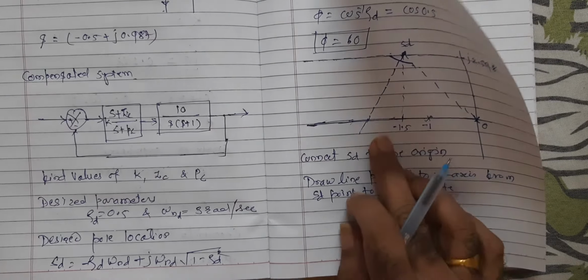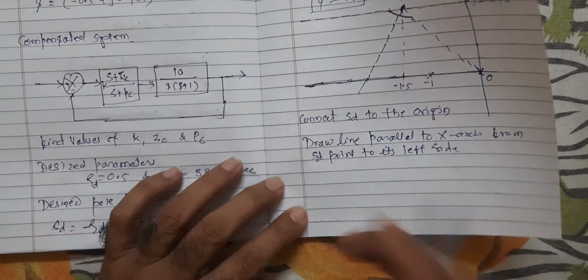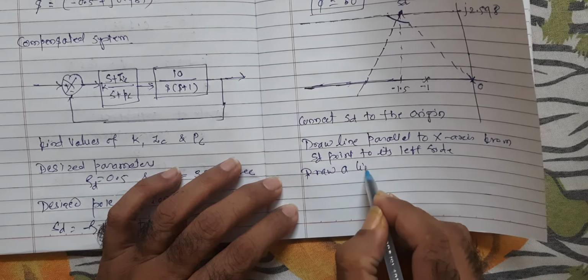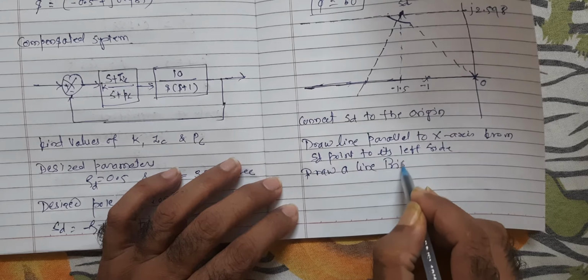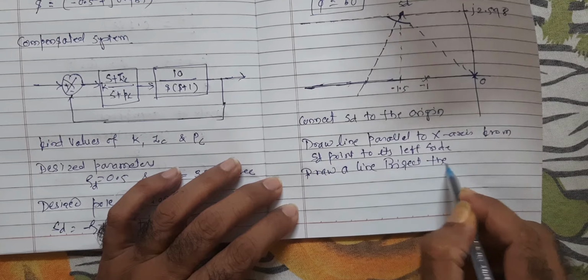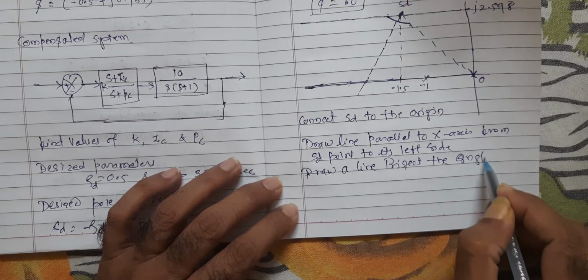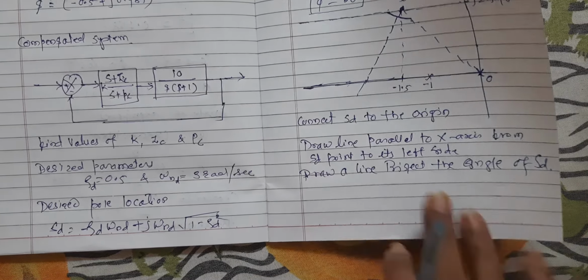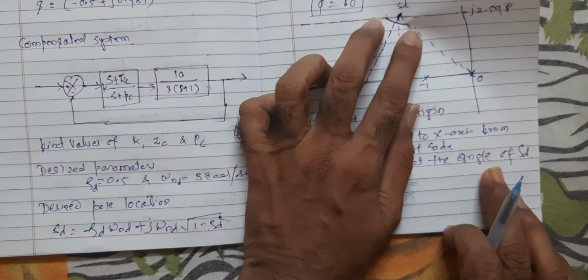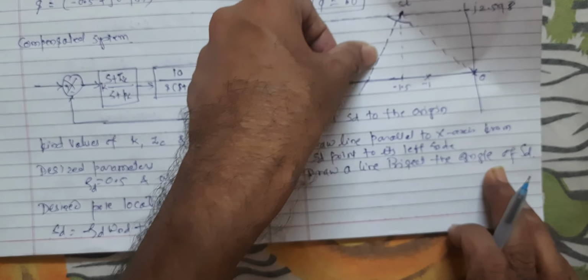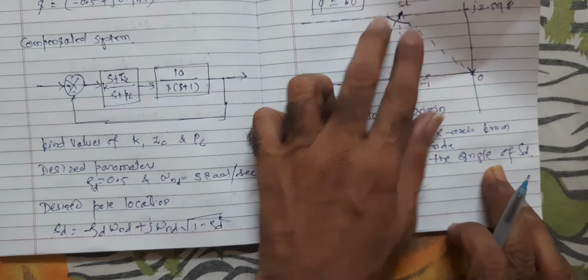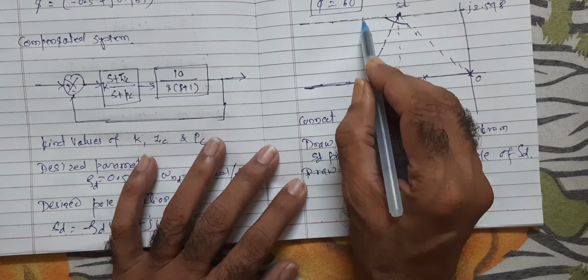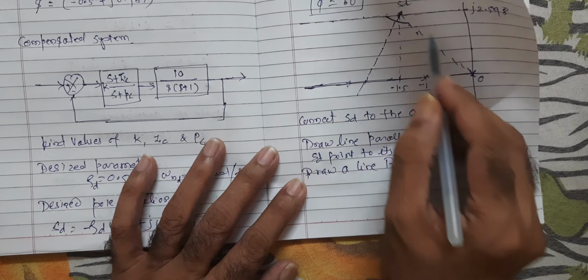Bisect the angle of SD. From the point SD, we have to draw one line which bisects the angle between the line parallel to the x-axis and the line connected to the origin.